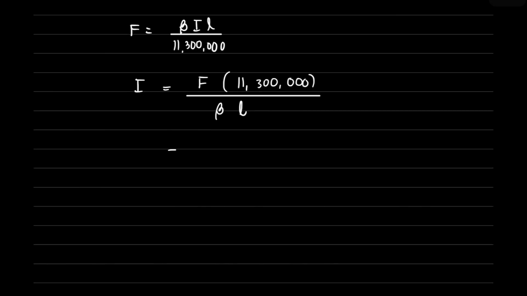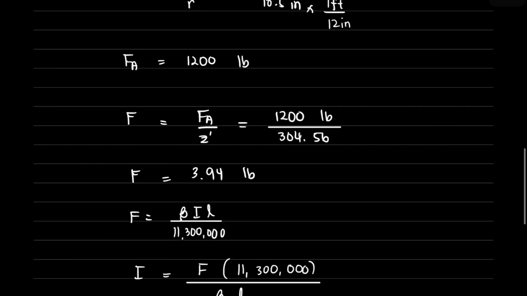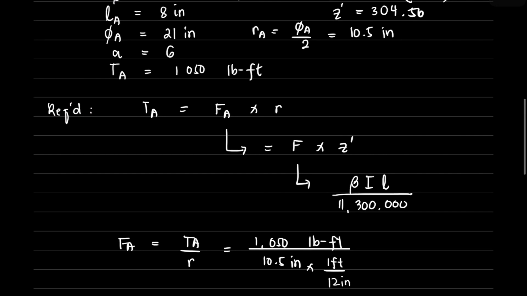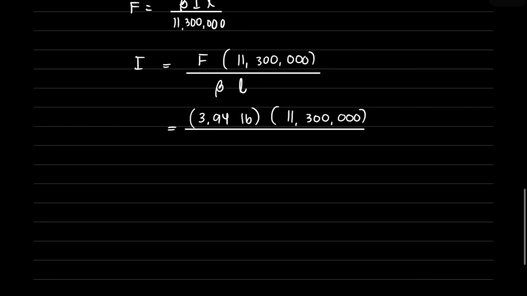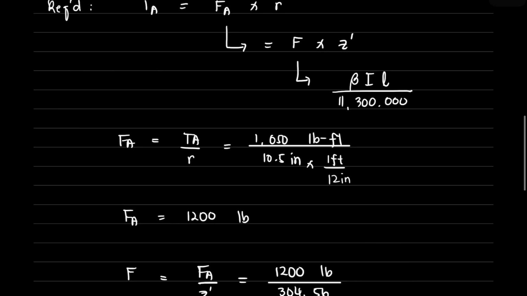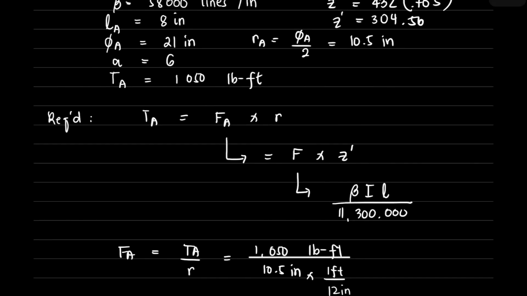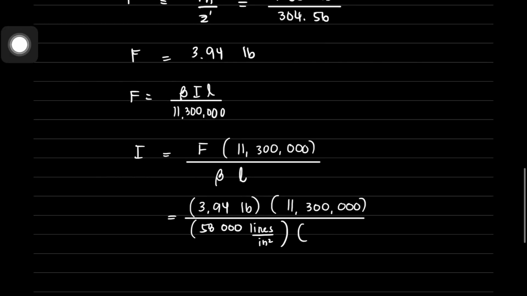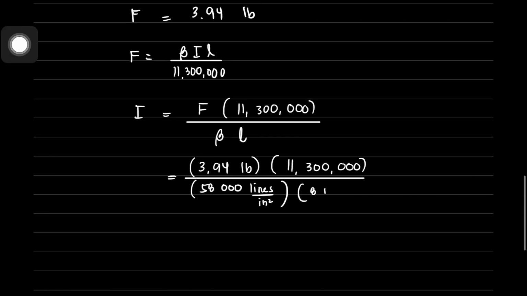So this is now equal to 3.94 pounds multiplied by 11,300,000 all over the flux density, which is given to be 58,000 lines per square inch, multiplied by the length of the armature core, which is given to be 8 inches.